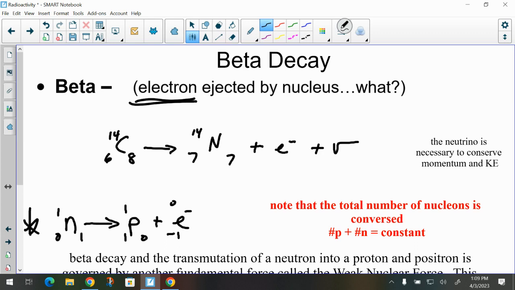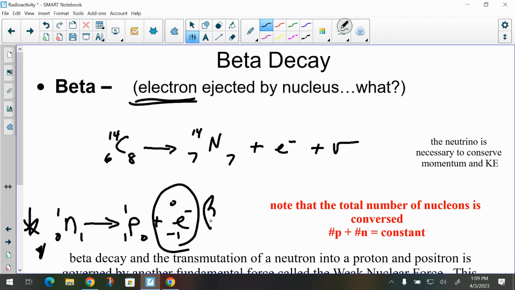Let's look down here. What happens is that if you think about a neutron, it's 0 protons, 1 neutron, and a mass of 1. So the symbol down here for the neutron is 0, 1, 1. The neutron, and I'm not sure if anybody ever told you this, but a neutron is really just, it's neutral. It's really just a proton and an electron. So think about it. This neutron is going to fall apart and eject an electron.